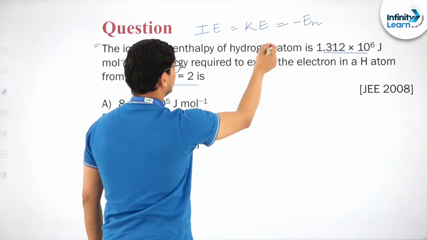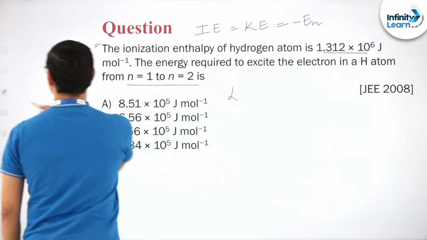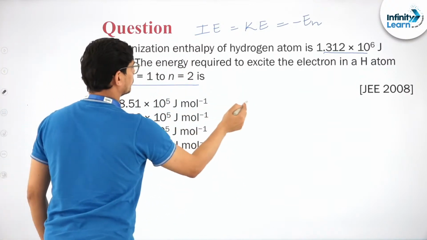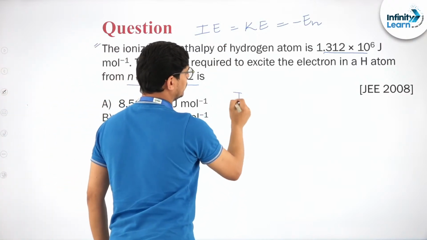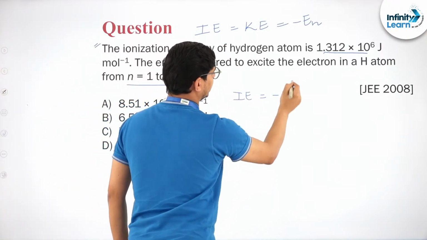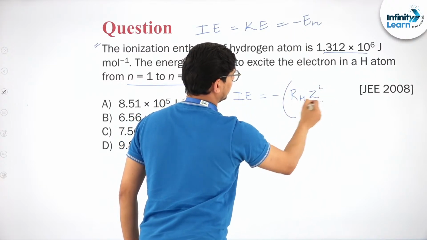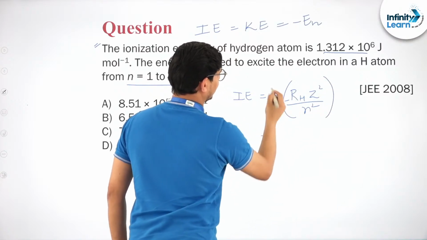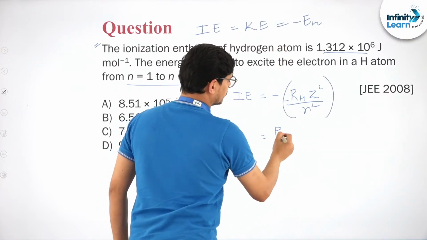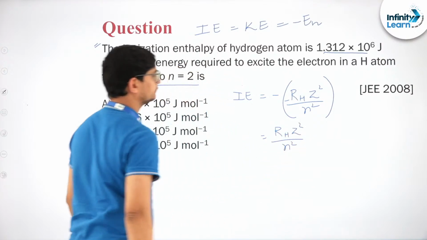So can I say the negative ionization enthalpy is equal to negative, and electronic energy is Rydberg constant Z square by n square, guys. Okay, right? So minus minus becomes positive, so it is RH Z square by n square.